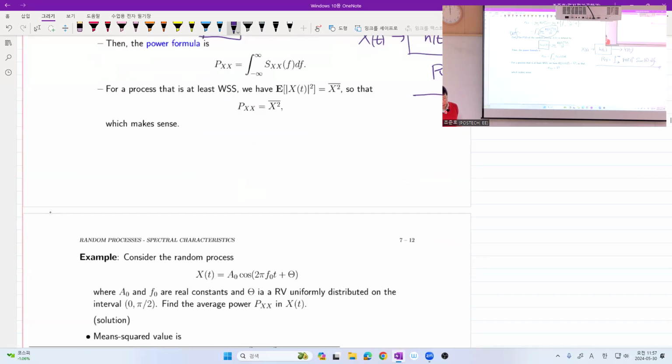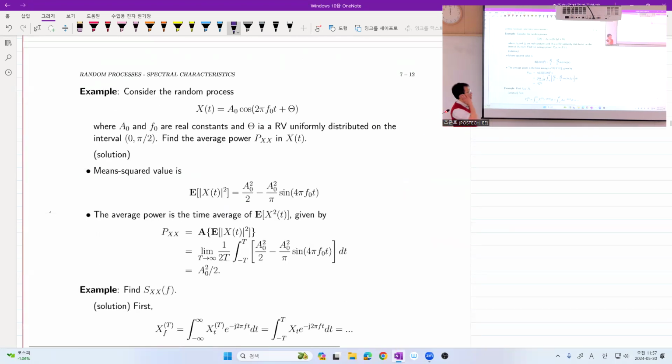But before that, our textbook has an example. See that this random process has each sample path as a power signal because it's a sinusoidal signal, right? If you fix A and theta, it's an infinite energy but finite power signal. Now, let me ask you, what would be the power spectrum of this one? What should it be?